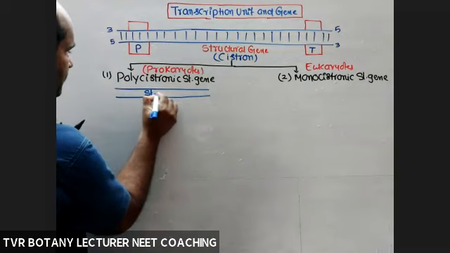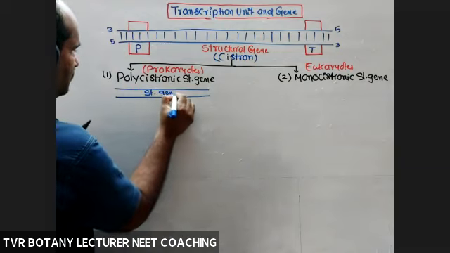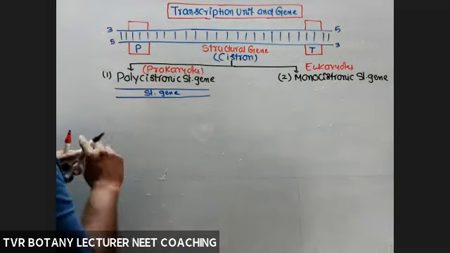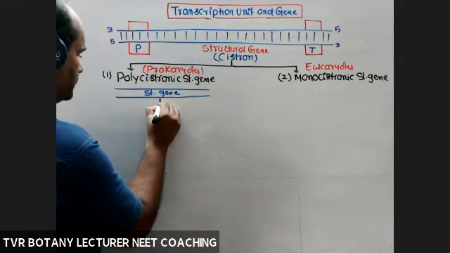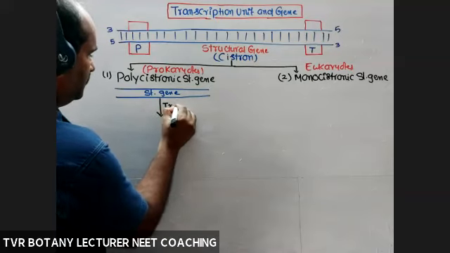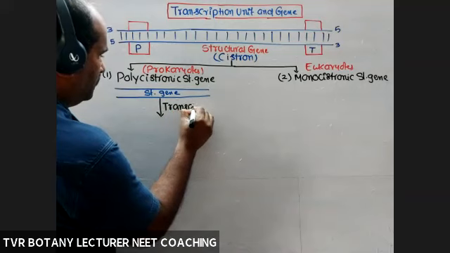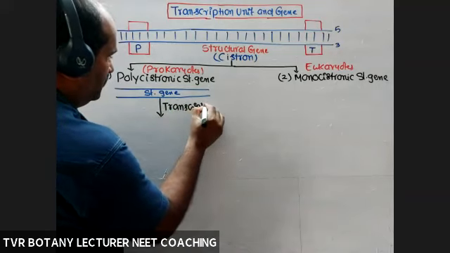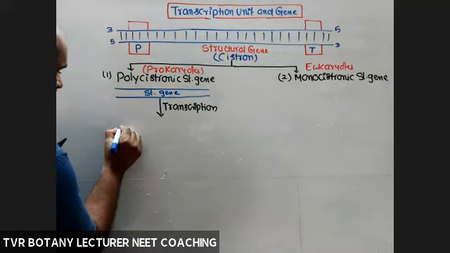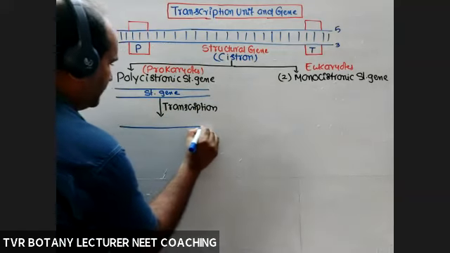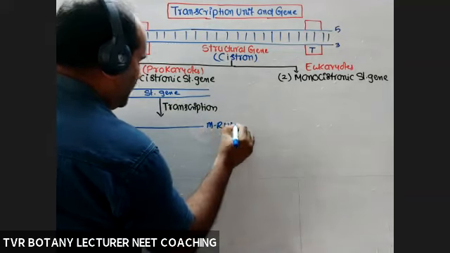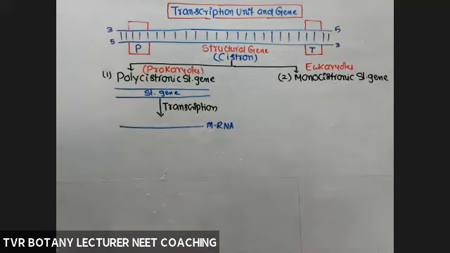One of the two strands codes for it, transcription is completed, and mRNA, messenger RNA, is produced.